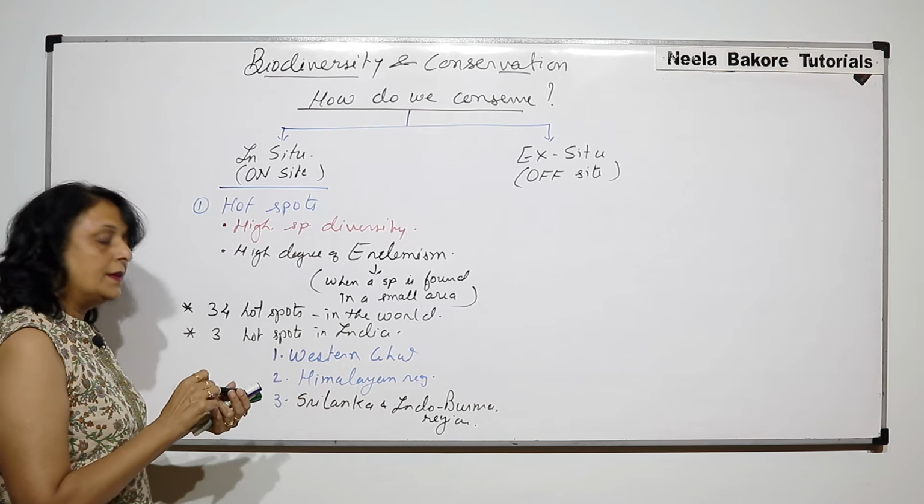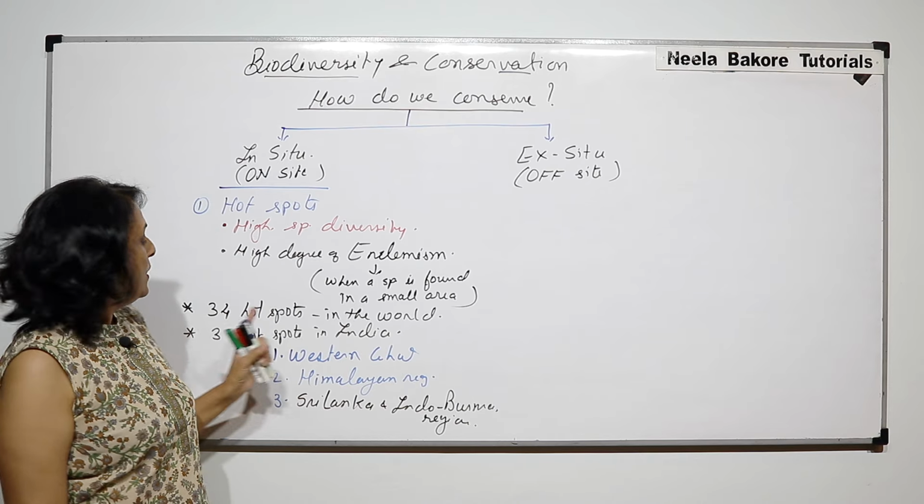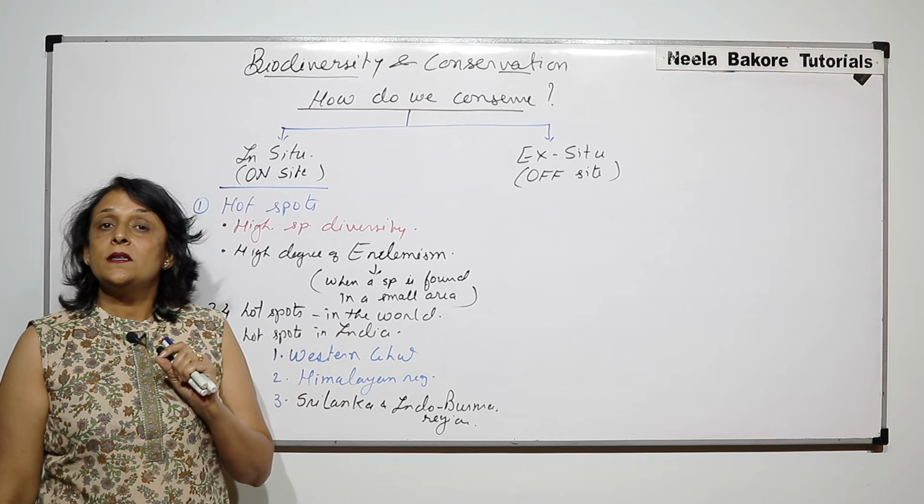These are the 3 hotspots which are there in India, and total the number is 34 in the world.